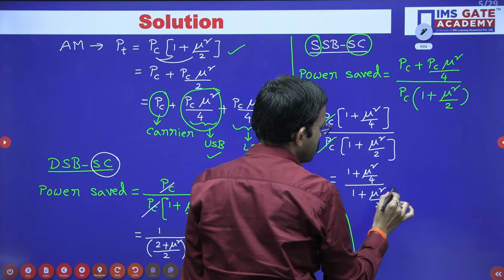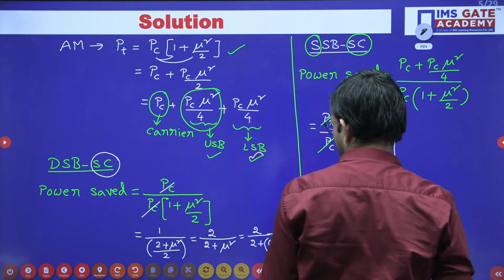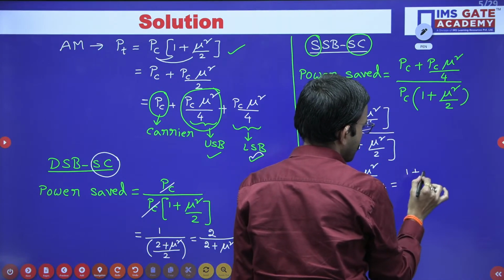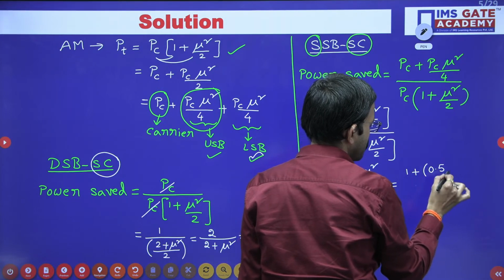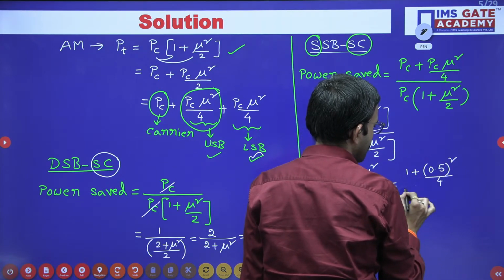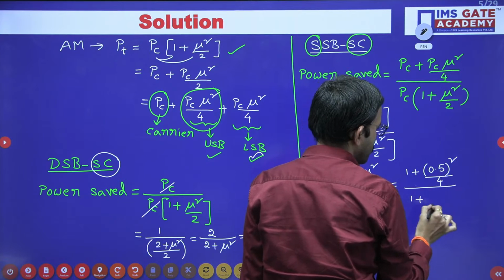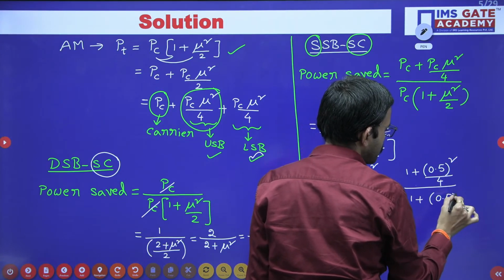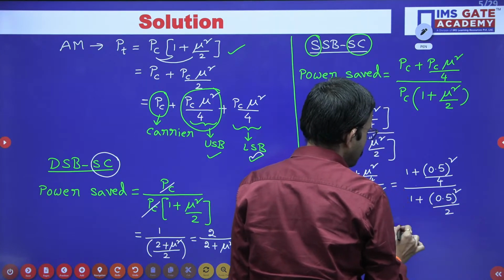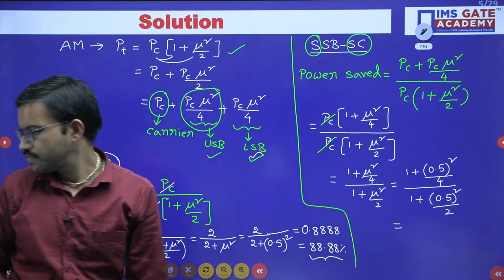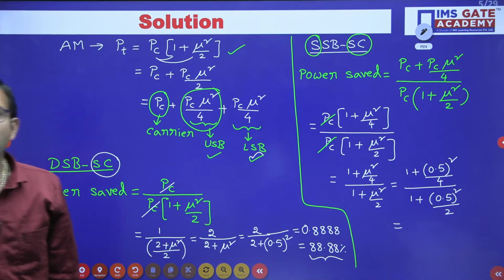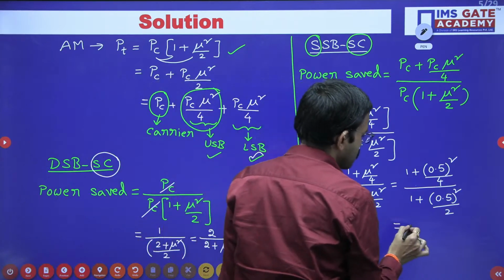So substitute mu value, same 0.5: 1 plus 0.5 whole square divided by 4, divided by 1 plus 0.5 whole square divided by 2. Just do the simplification, you will get 0.9444.